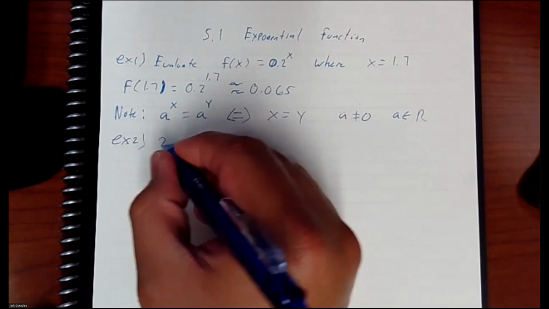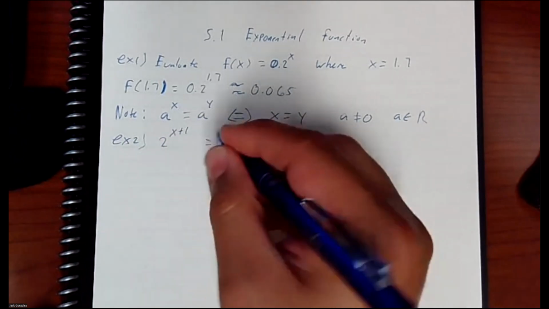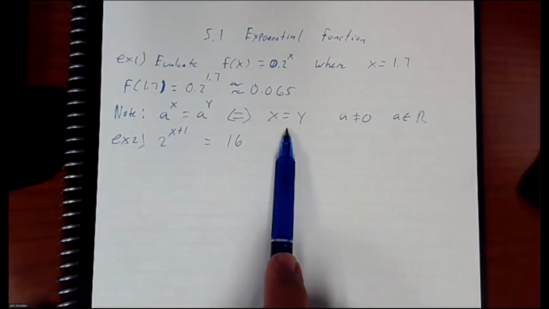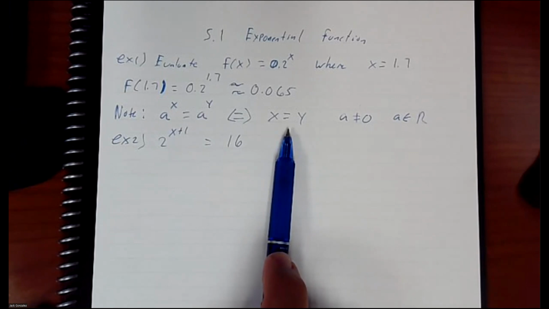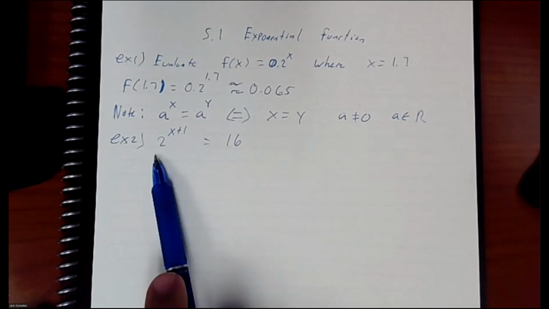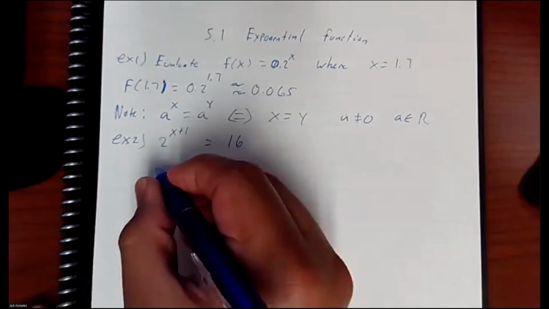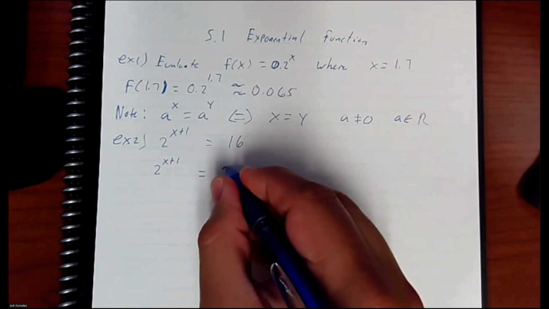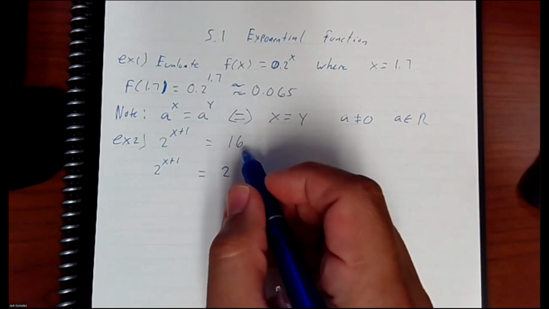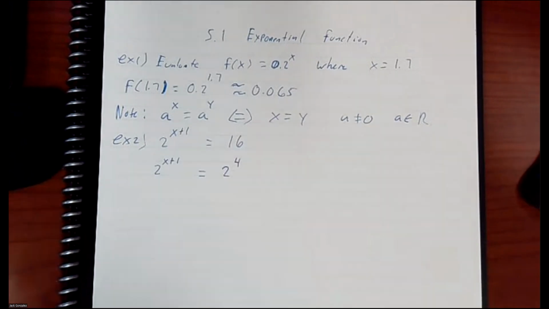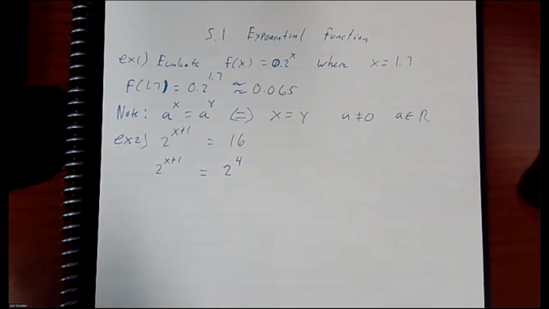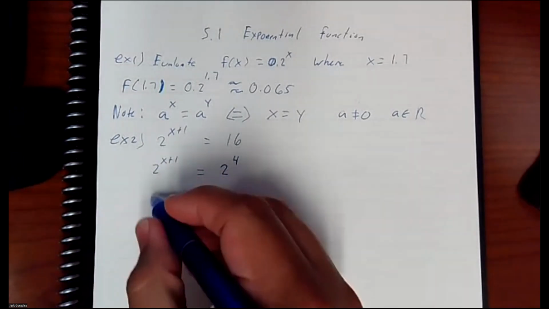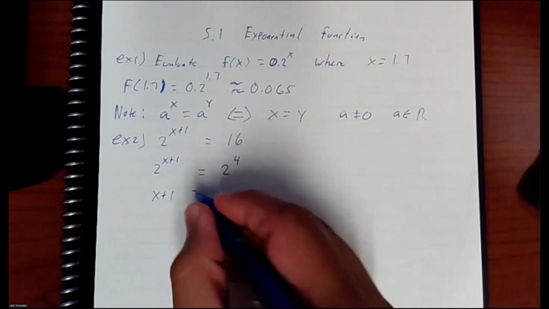Okay, so solve x plus 1 equal to 16. Notice that if the bases match, then I can jump to here and solve. So I need to make these match. Rewrite the 16 as a 2 to the 4th: 2 times 2 times 2 times 2 would give me 16, right? Now the bases match, so these powers are equal.